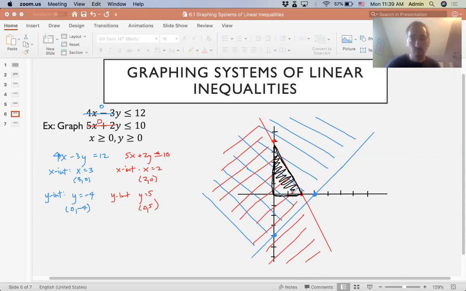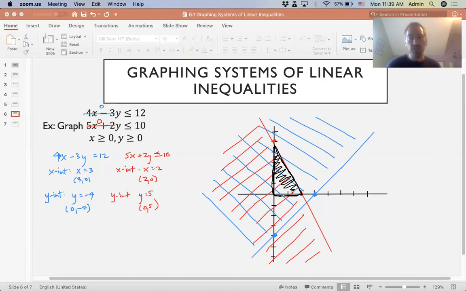When we get to the method of corners in our next video, we're going to call this triangle, this shaded region, the feasible set. These are all the solutions that could be the point that would optimize our objective function. We're working primarily with the profit function, and we want to maximize profit.